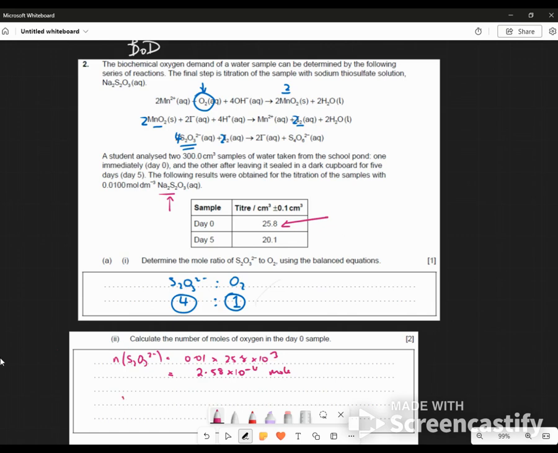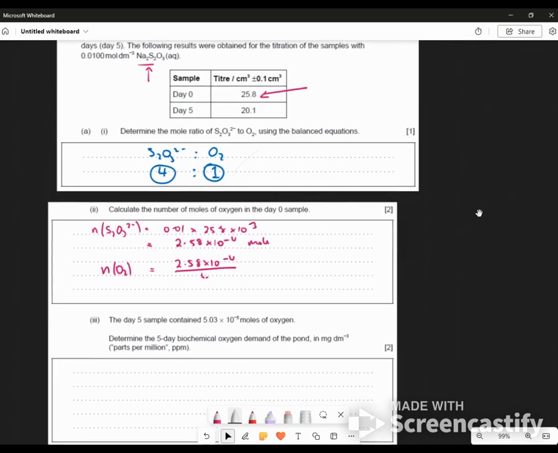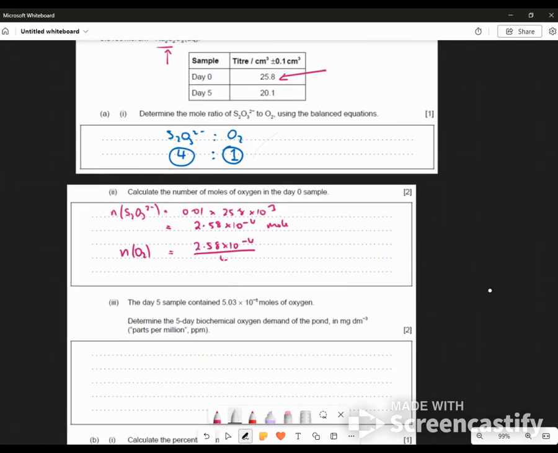So therefore, the number of moles of oxygen from what we've just done is this number divided by 4. Let me move that up. Okay, divided by 4, because we had a 4-to-1 ratio. Now, the good thing is there is even if you didn't know it, they tell you. Oh, no, they don't tell you, do they? I thought they gave you the ratio.